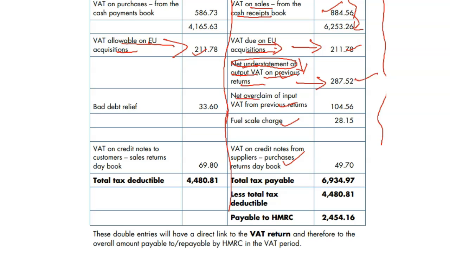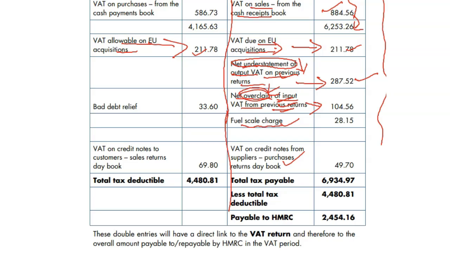Next one is net overclaim of input VAT from previous return. We have claimed extra input VAT, so we are writing it on the output and making output higher because it is an overclaim of input. That's why we make it right from the previous return.